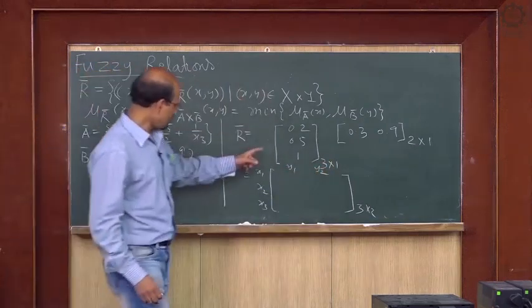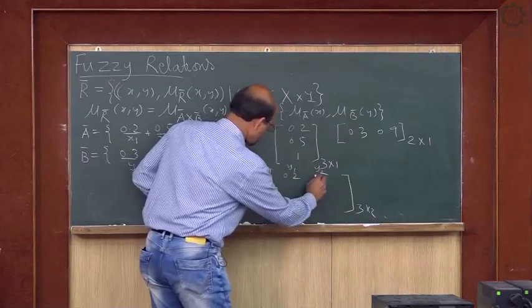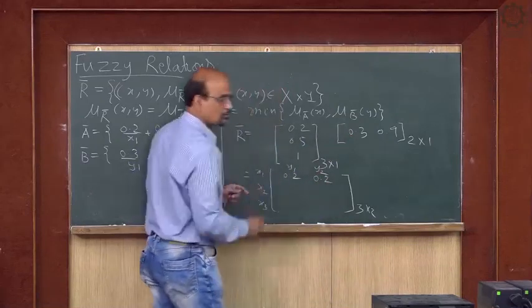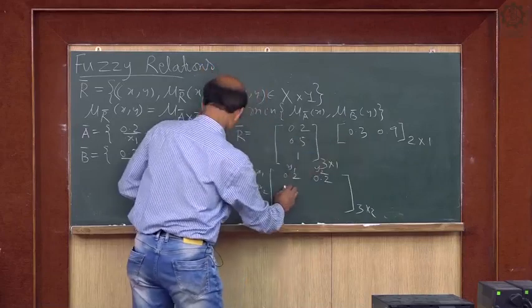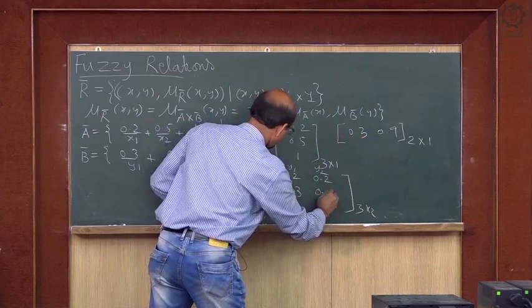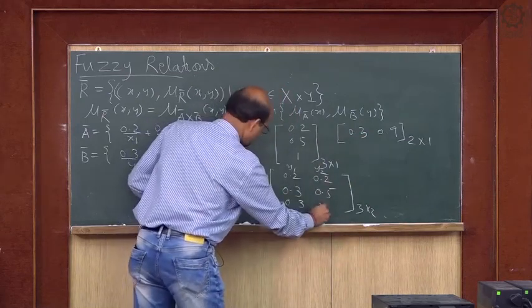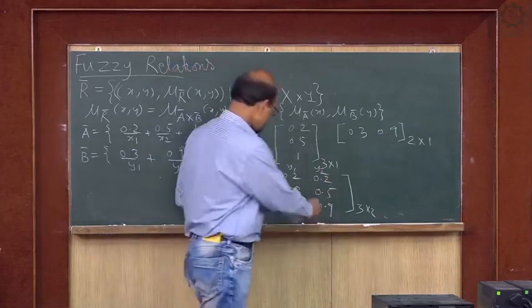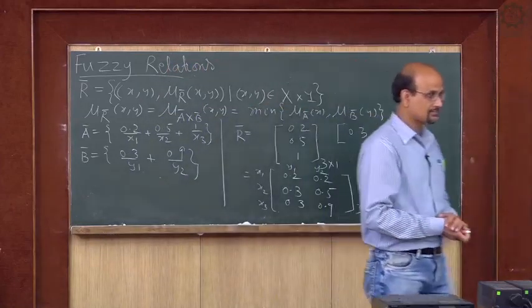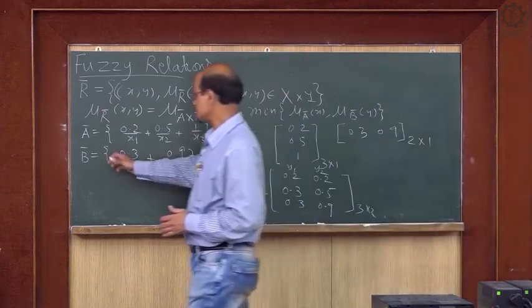Now we will have 0.2, 0.3 minimum is 0.2; 0.2, 0.9 minimum is 0.2; 0.5, 0.3 minimum is 0.3; 0.5, 0.9 minimum is 0.5; 1, 0.3 minimum is 0.3; and 1, 0.9 minimum is 0.9. So, this is the relation matrix that we get for the temperature pressure relation.